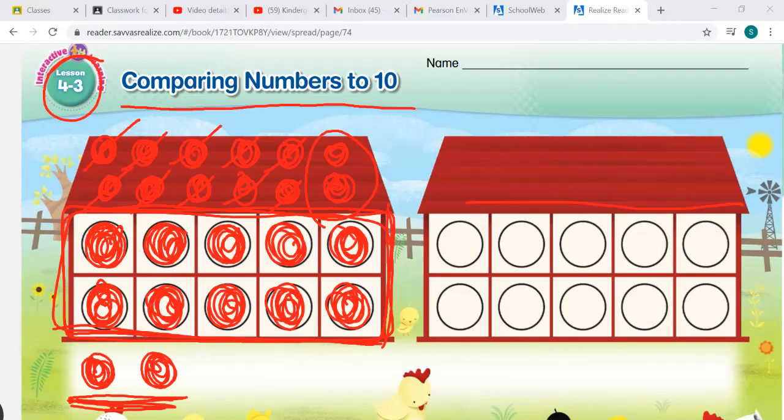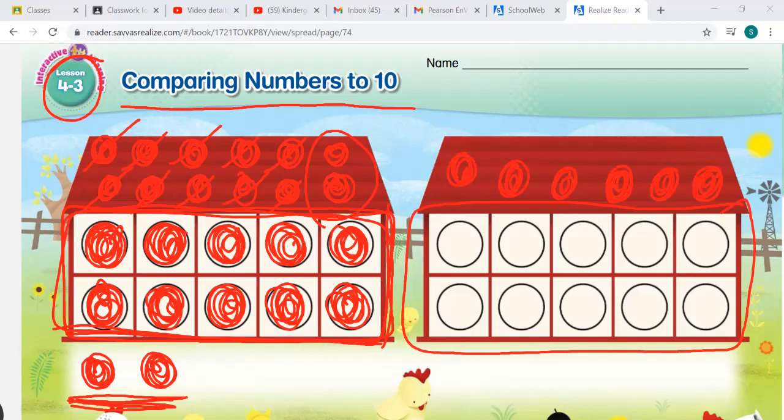Let's look in this 10 frame here. So Mr. Brown has some dogs on his farm. And we are going to figure out if he has more than 10 dogs or less than 10 dogs. Each of these counters is going to represent one dog.